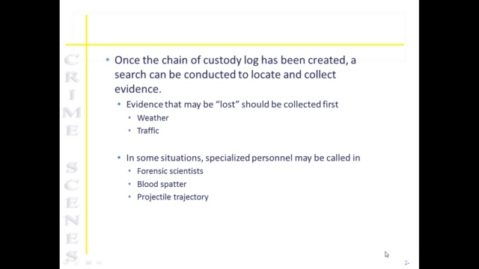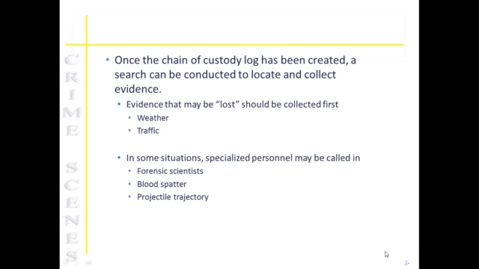So depending on if it's in a situation where there might be weather involved or traffic involved, whether that be persons or actual vehicles, these are possibilities that might lose evidence or contaminate evidence, and those items should be concentrated on first. In some situations, because of this, specialized persons might be called in to assist in the collection of evidence at a crime scene.